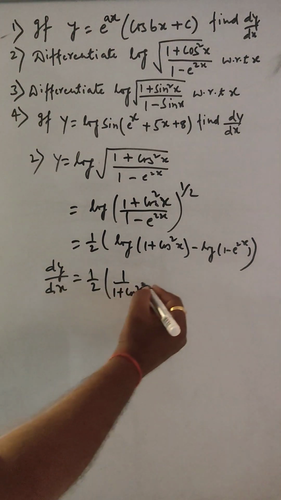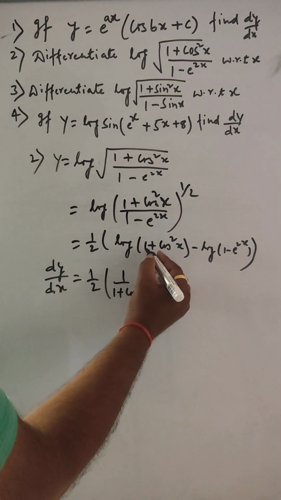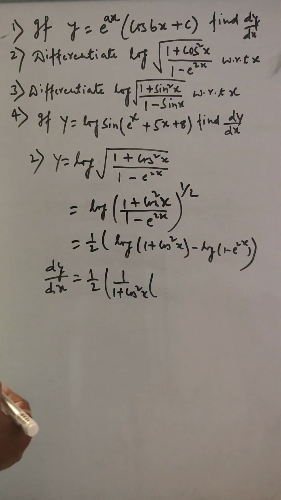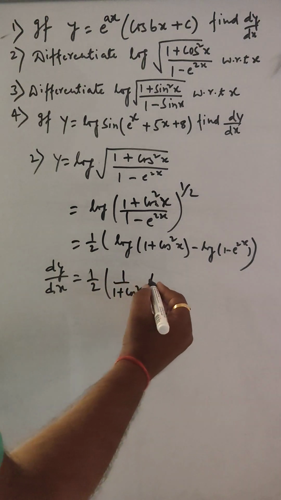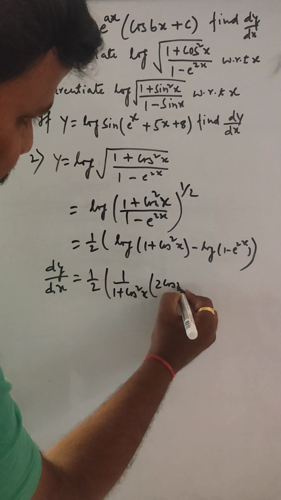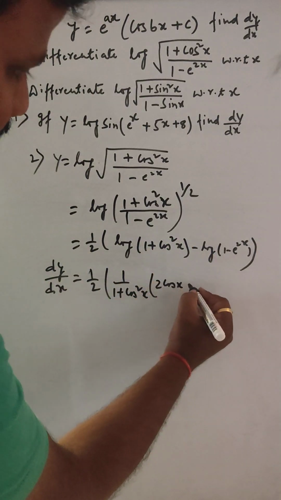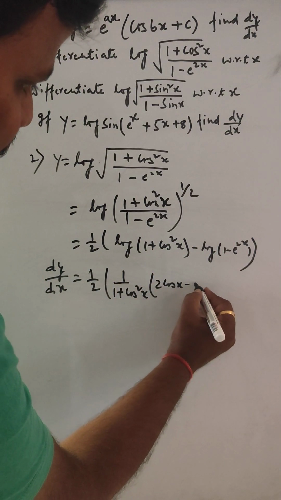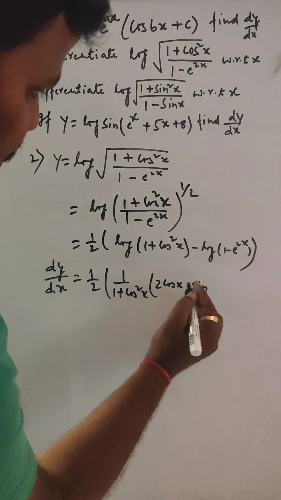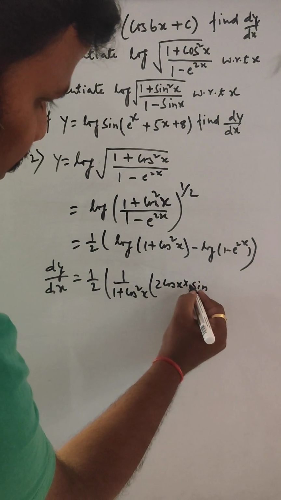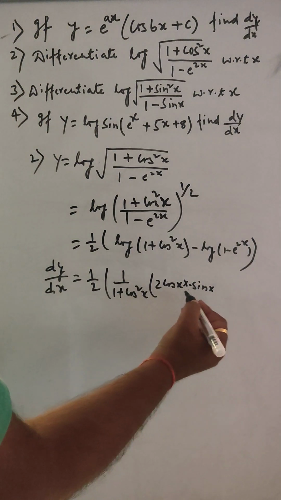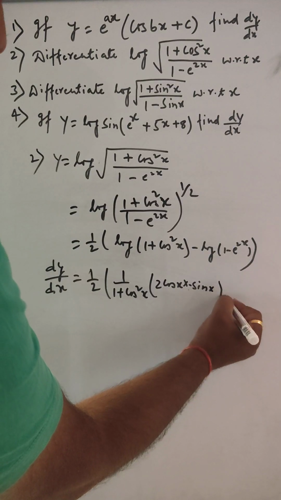Now differentiation of 1 will be 0. What will be the differentiation of cos square x? It will be 2 cos x times differentiation of cos, which is minus sin x. So this is one part.